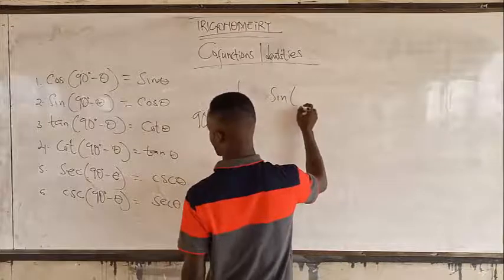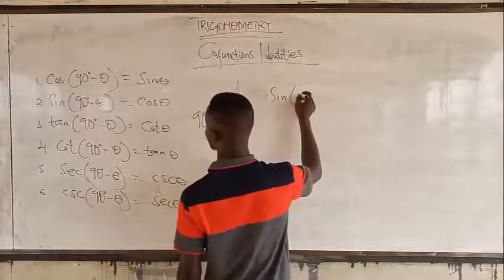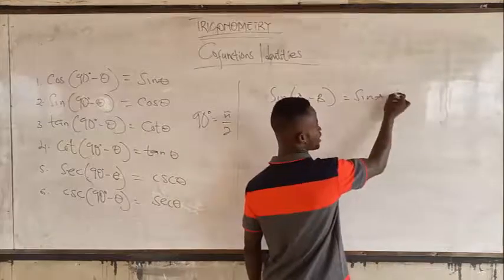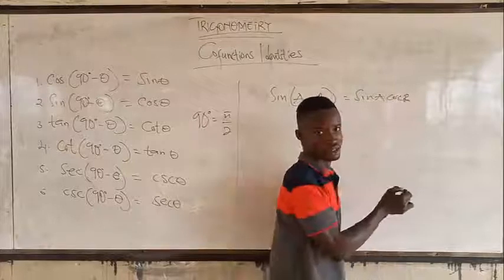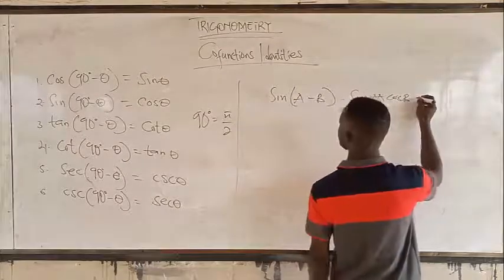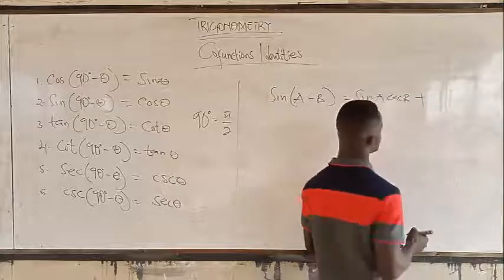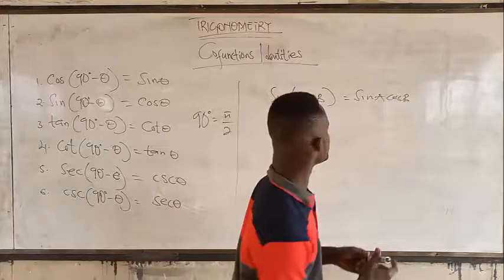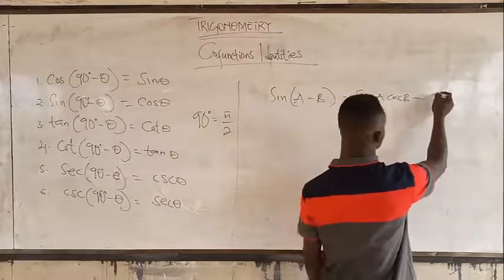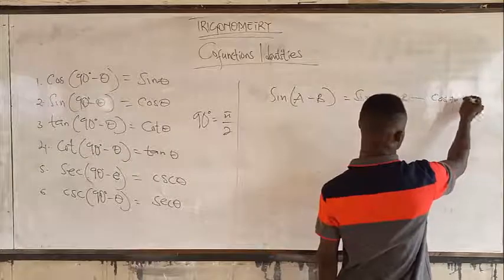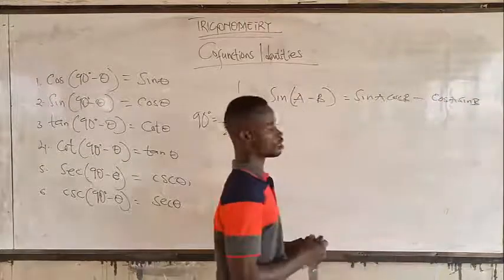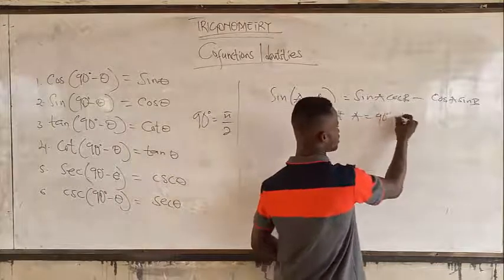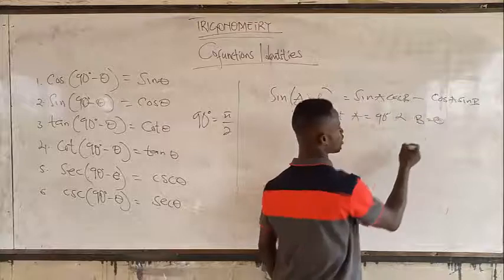What if we have sin(A minus B)? Sin(A minus B) is going to be sin A cos B minus cos A sin B. Then we put A equal to 90 degrees and B equal to theta.